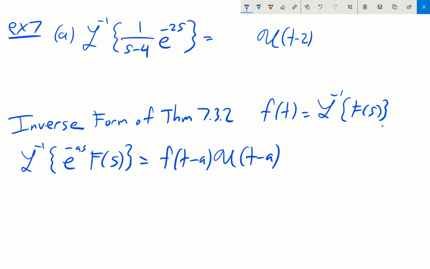So this is going to be the inverse Laplace transform of 1 over s minus 4 at t minus a, and that should give us e to the 4t. We know the inverse Laplace of 1 over s minus 4 would be e to the 4t, but because of the shift, we have e to the 4 times t minus 2.